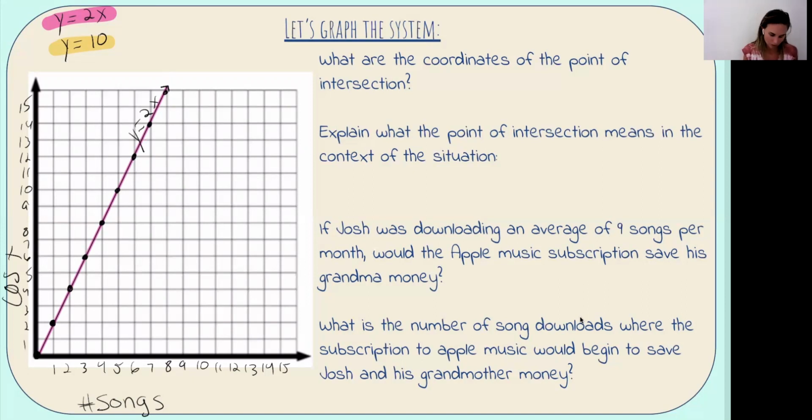Definitely guilty of that. So the second line, as we said, the y-intercept is at 10. So see where I have that, 10. And it's a flat rate, so no matter how many songs you download, it's going to be $10.